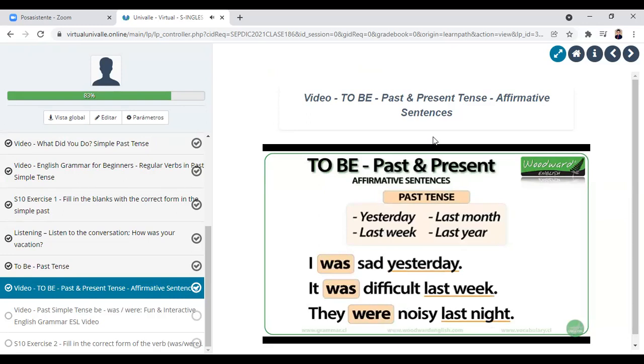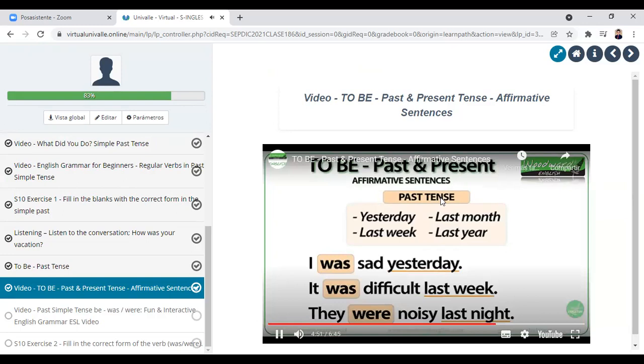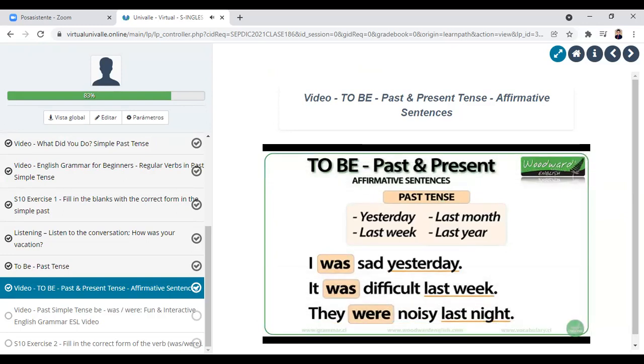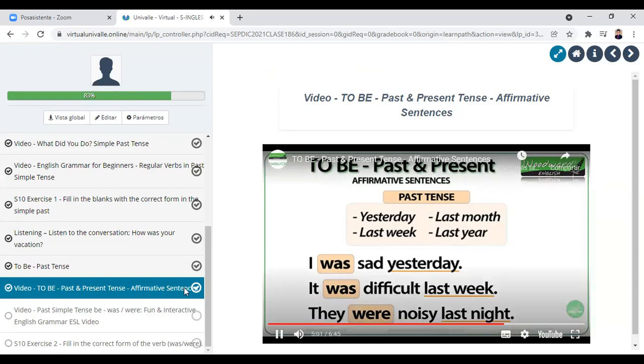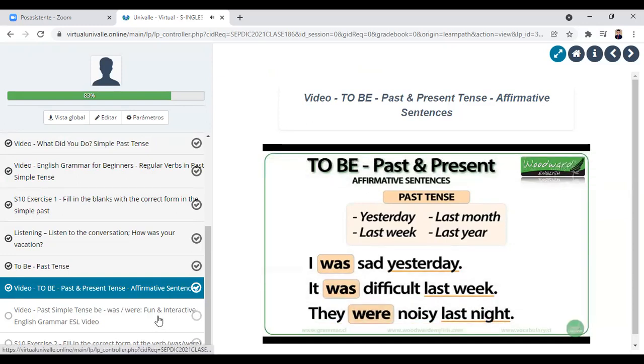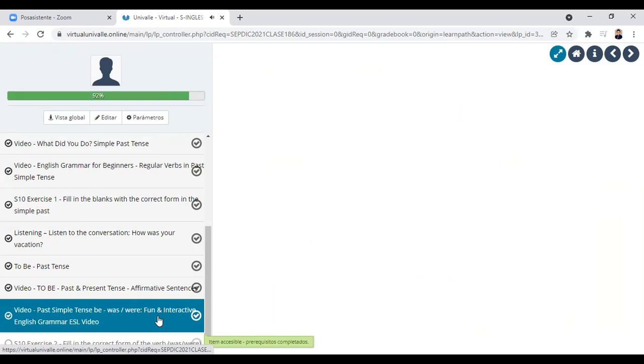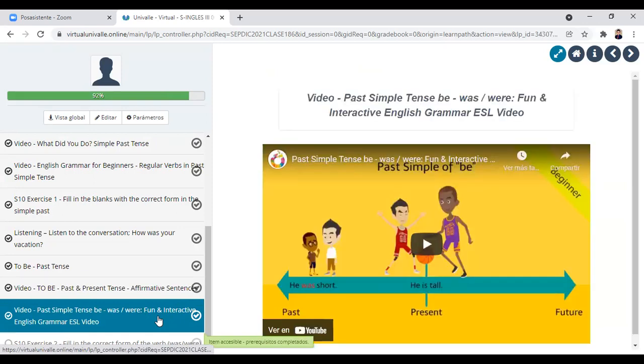Those are some examples that we have using the affirmative sentences and the past tense of the verb be. Also, we have the negative form and the interrogative form that I had been explaining to you before. And also here, we have another video tutorial that will help you improve your skills when it comes to learning, practicing, and speaking the simple past tense of the verb to be, okay?